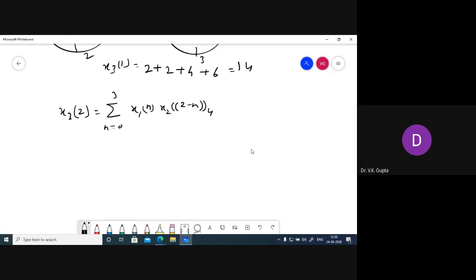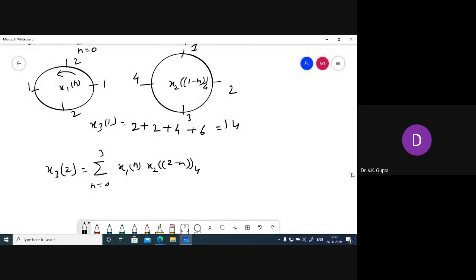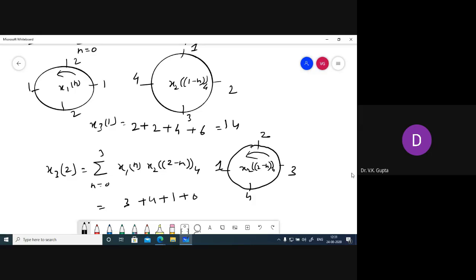So now 2 comes to here, 1 comes to here, 4 comes to here, and 3 comes to here. What is the value? This multiplied by this means 3 plus 4 plus 1 plus 8, 16. x3(2) comes to 16.